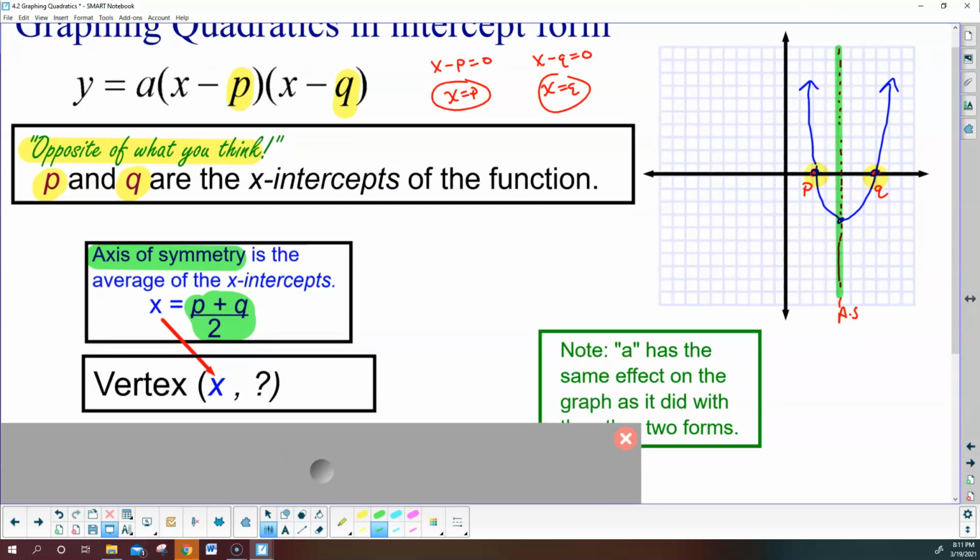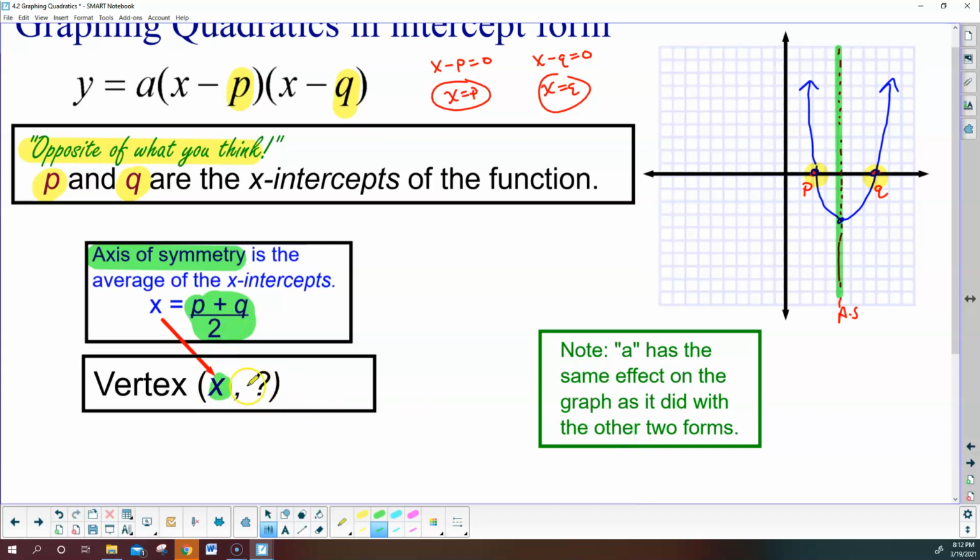So if I know the x value of the vertex is whatever p plus q divided by 2 is, then all I have to do is find the y value. And if x is a number, I can just plug it in here and here, and then I'll simplify, and whatever my output is, that will tell me the location of the vertex.